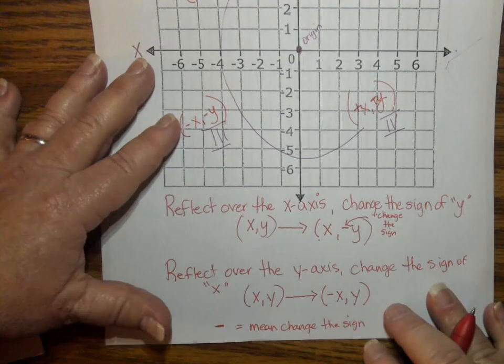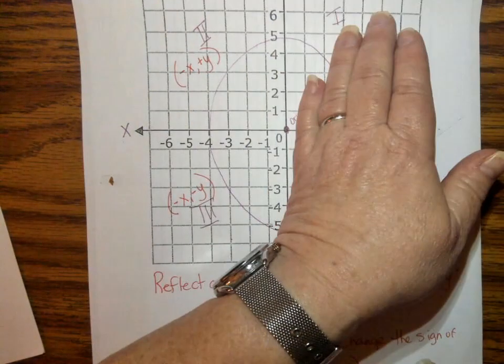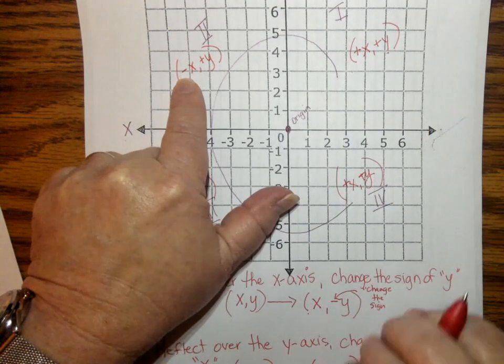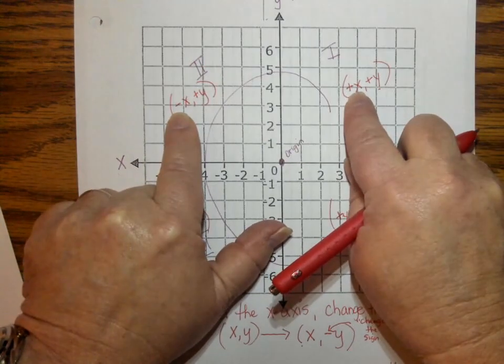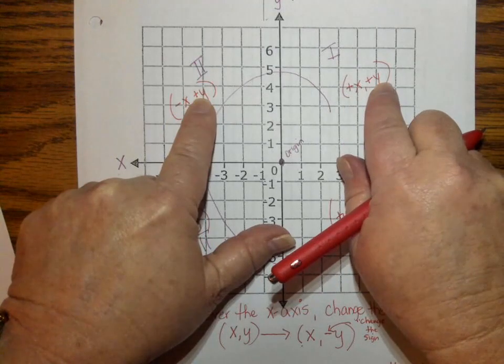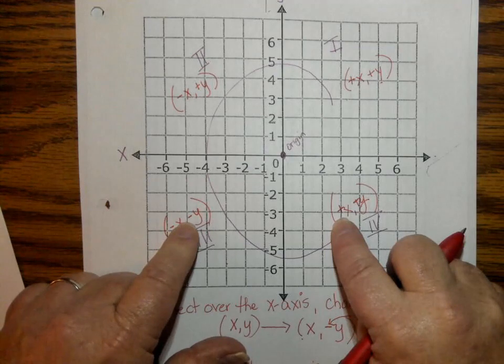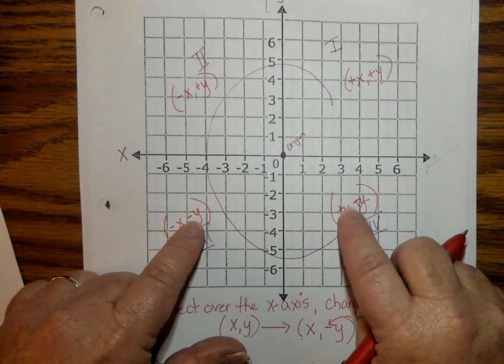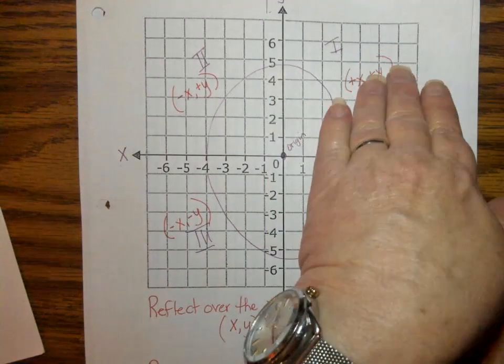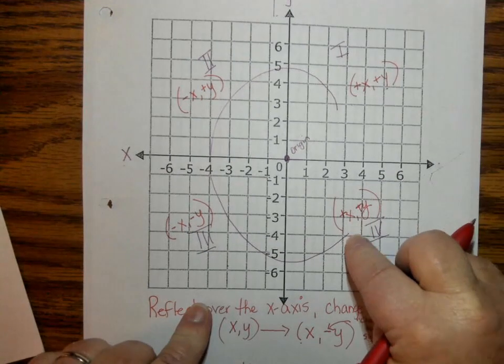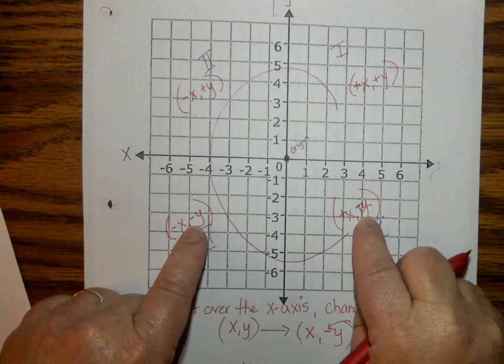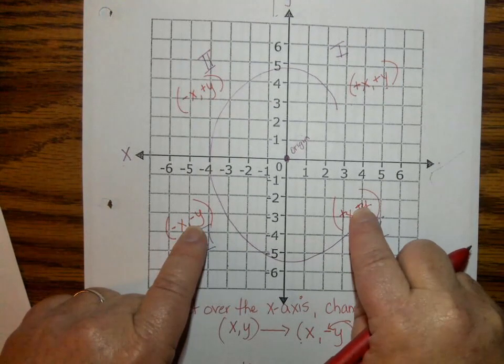So if I go over the y, here it had a negative x, all of a sudden now I have a positive x. The y's stay the same. Here I ended up with a negative x, and now I ended up with a positive x going over to here, because when I reflect this way, I end up over here. So the y's stay the same, they're both negative still.